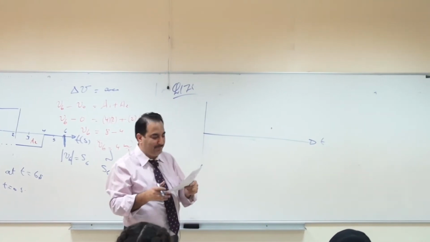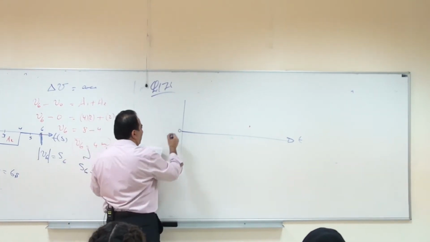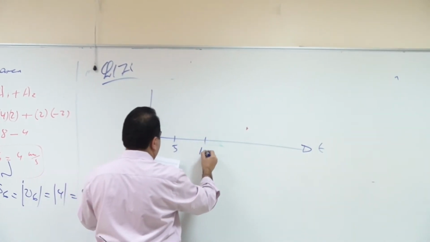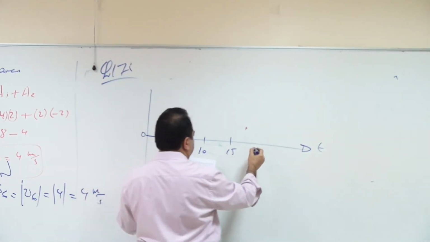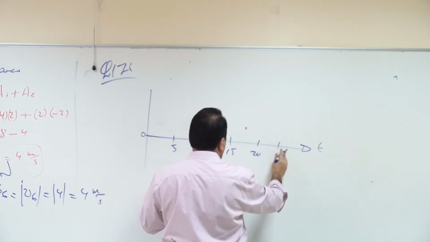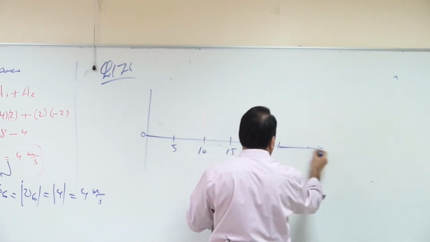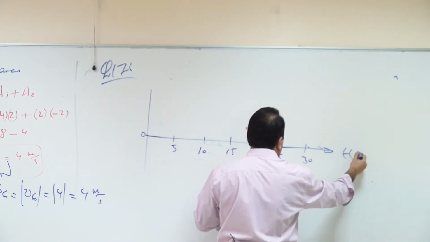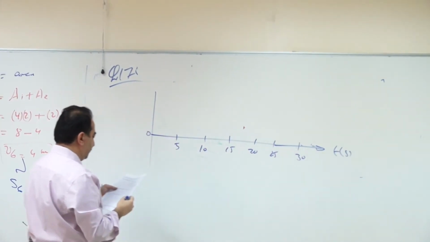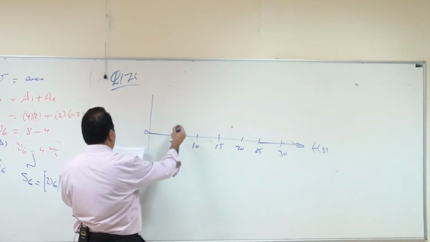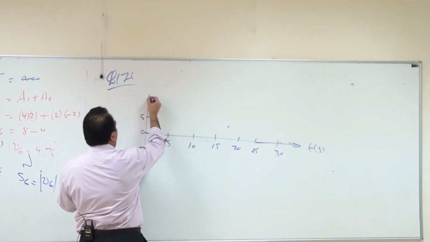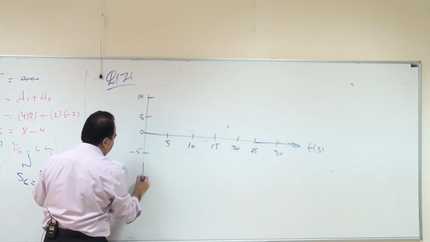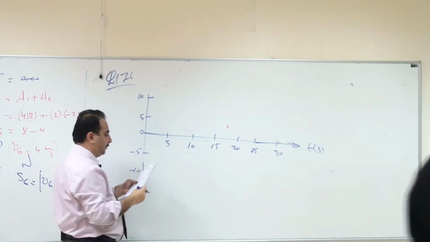Okay, be careful. So 0, 5, 10, 15, 20, 25, 30, and t second. And here I have 5, 10, negative 5, negative 10.